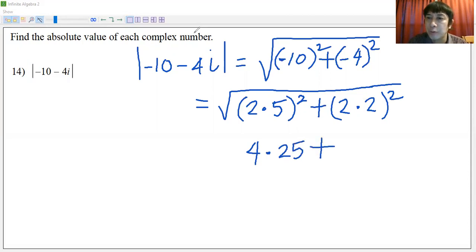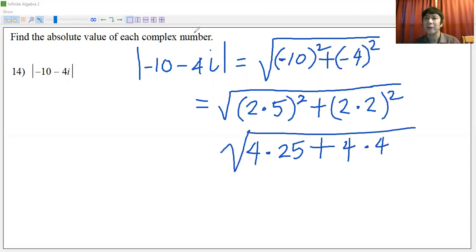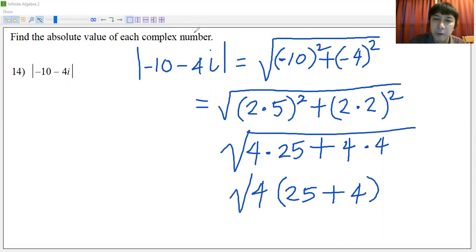And added to 2 squared is another 4, and the other 2 will be another 4, like that. So you see there is no more negatives there, because when you square these numbers, after all, they will become positive. Now let us have that common factor 4 and factor it out. And then we will have the 25 and the 4. Take note, we move out the common factor, and this will still be under the square root sign.